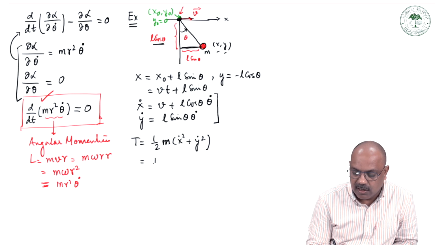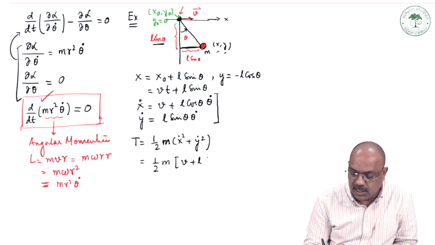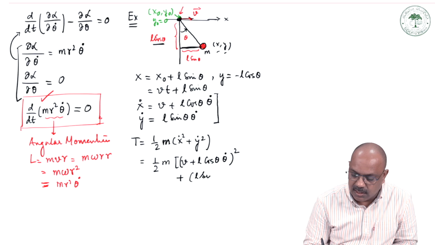So this is half m, so I have (v plus L cos theta theta dot) squared, plus y dot squared, which is L sin theta theta dot squared.